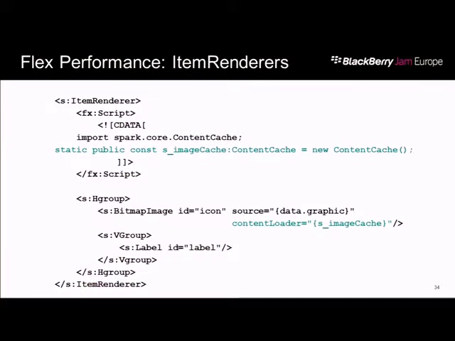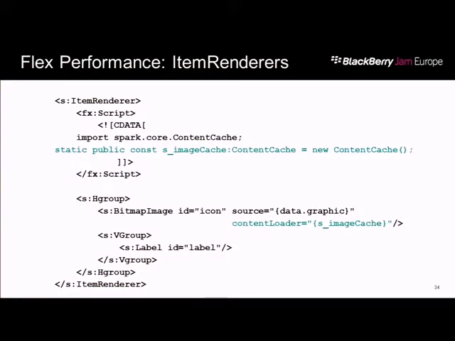If you need to load the thumbnail from the internet or from the storage, you avoid reading the storage or calling the internet to browse for the image every time. So the content cache is an Adobe AIR API that helps you to keep the cache.